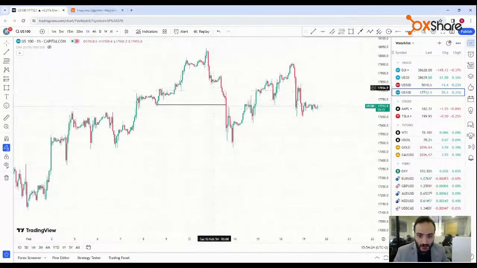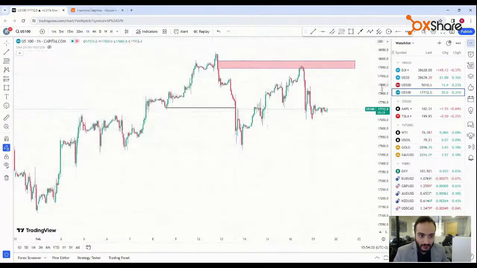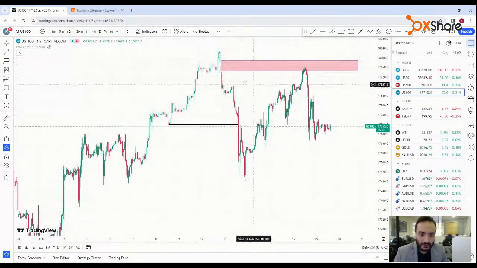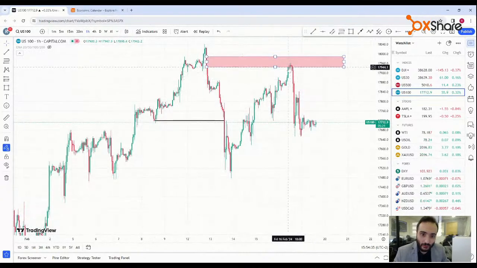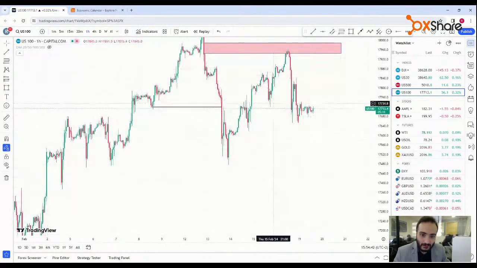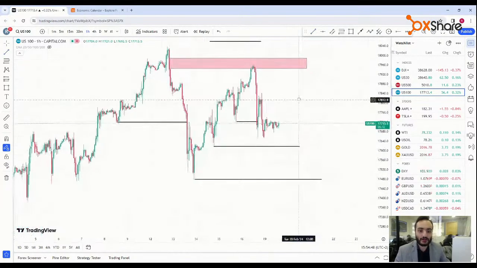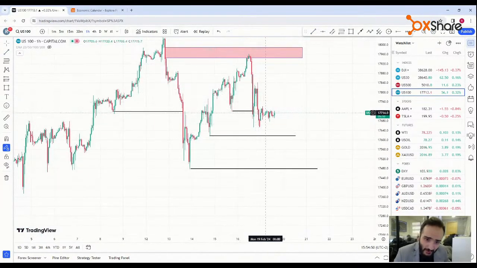We broke the low and pushed to the downside. Of course, we retested this gap. As you can see, this gap over here, a good entry would have been short over here, stop loss above this point, and then first target would be at this point, third target, and maybe the last target over here. So now we have a bit of consolidation.